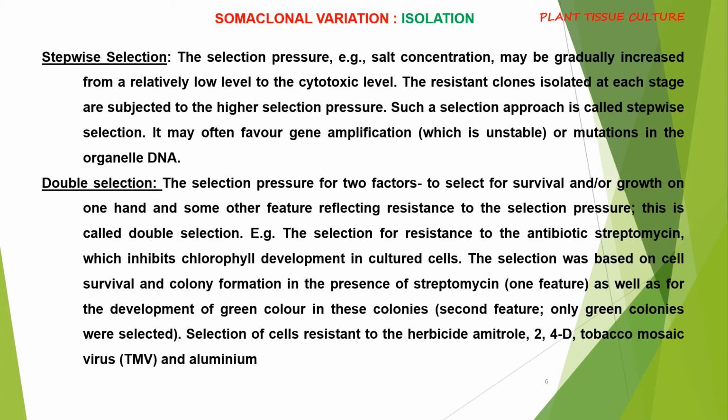This also inhibits chlorophyll development in cultured cells. Here, the selection is based on cell survival in streptomycin media, the first feature, as well as for development of green color colonies, the second feature.